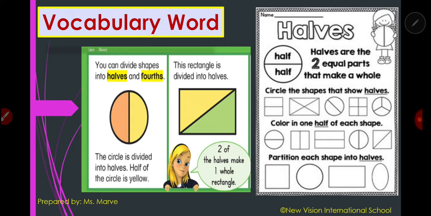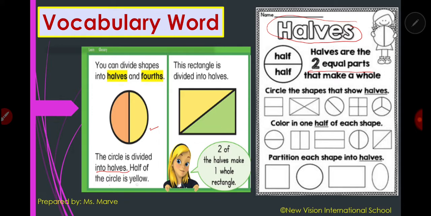Okay, here let's try to focus on the vocabulary word halves. Halves are the two equal parts that make a whole. For example, we have a circle here, right? So the circle is divided into halves.